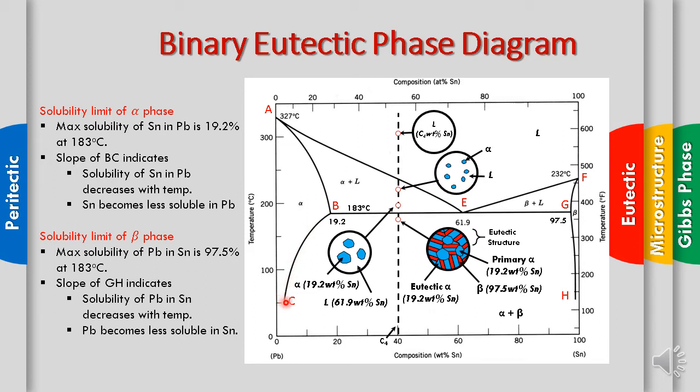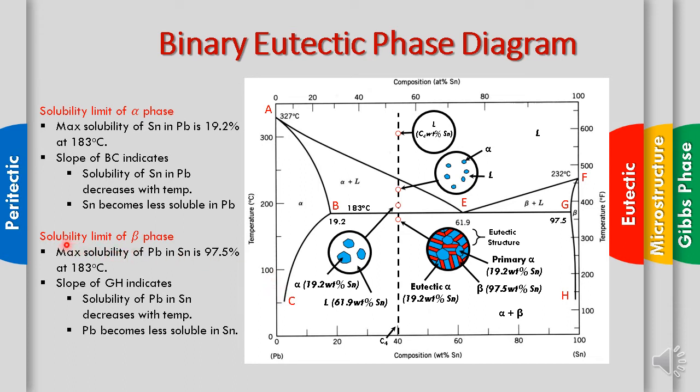Maybe we can project at this point, maybe here, maybe less than 5%, and then Sn becomes less soluble in Pb. So in other words, it is less soluble.